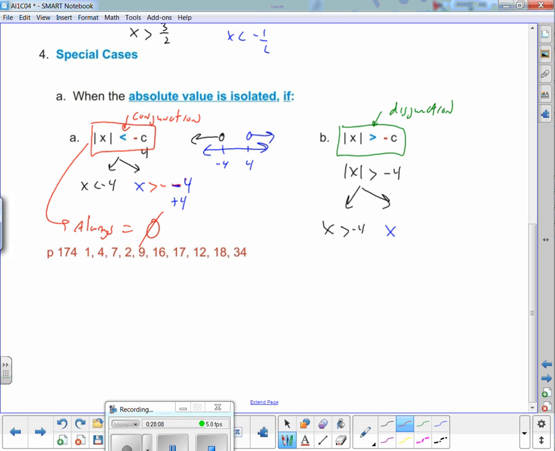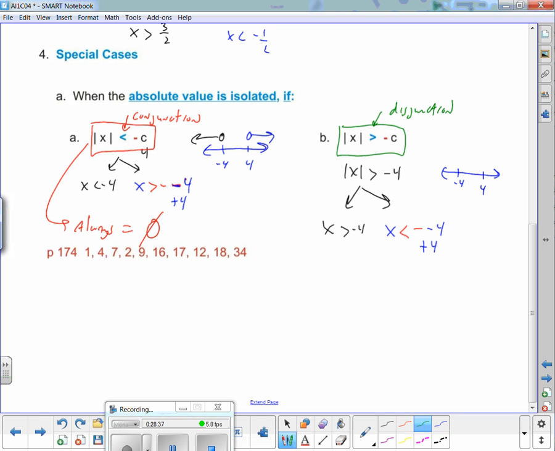I'm going to reverse the inequality symbol. And again, I get a negative 4, right? For a solution of positive 4. Do you agree? We just need a little itty-bitty number line. Again, our numbers are negative 4 and 4.